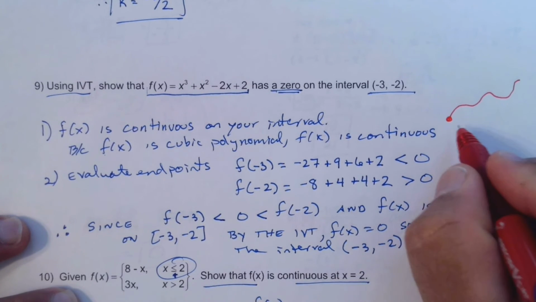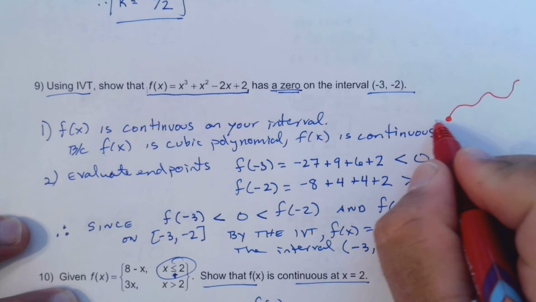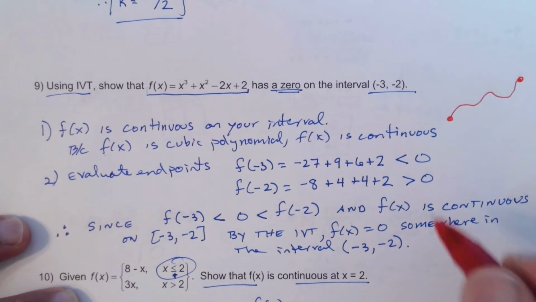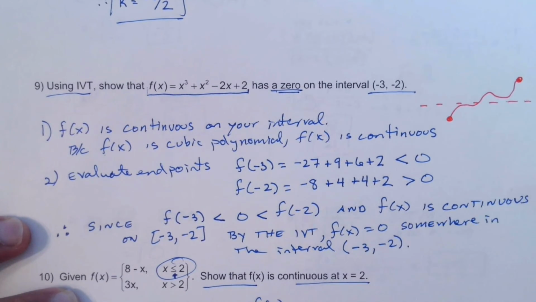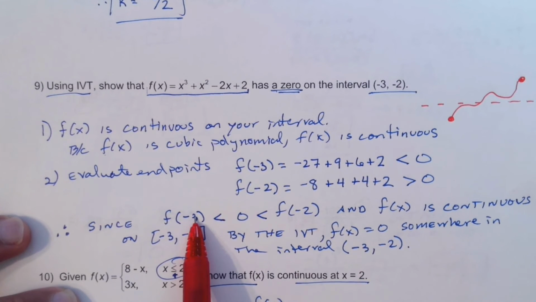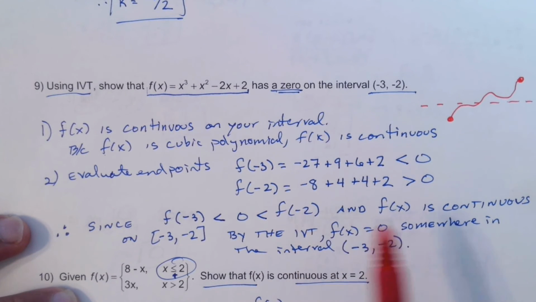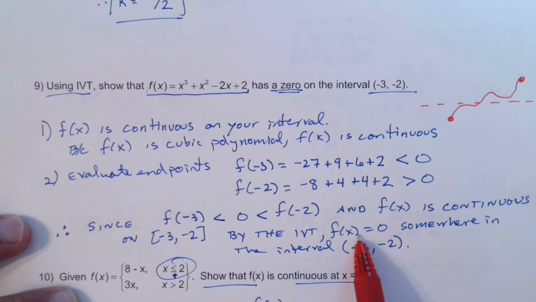If the value of my function at one point is less than 0, and the value at another point is greater than 0, then somewhere in between my function had to equal 0. That's all we're saying here: the value of my function at one endpoint is less than 0, at the other endpoint is more than 0, and my function is continuous. By the intermediate value theorem, my function has to equal 0 somewhere in the interval.